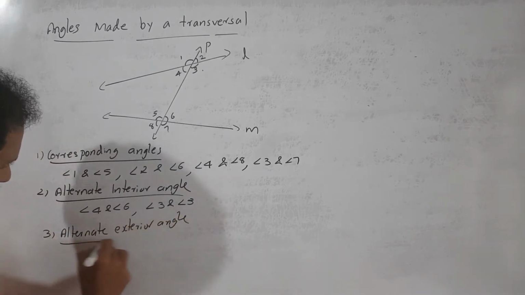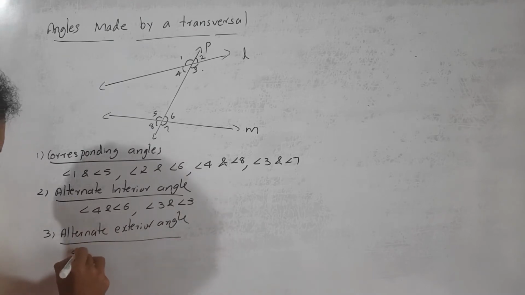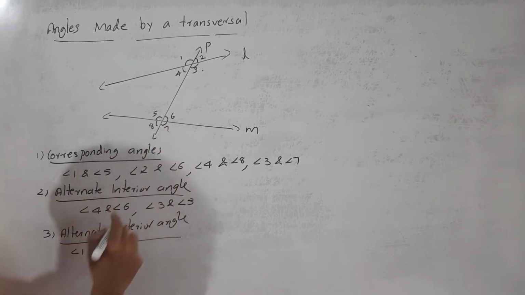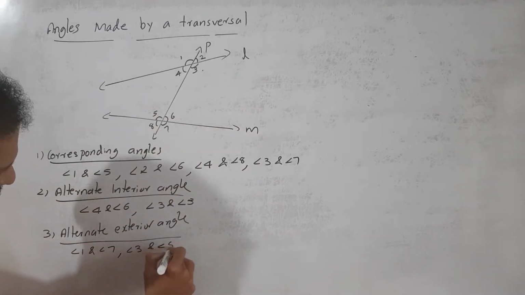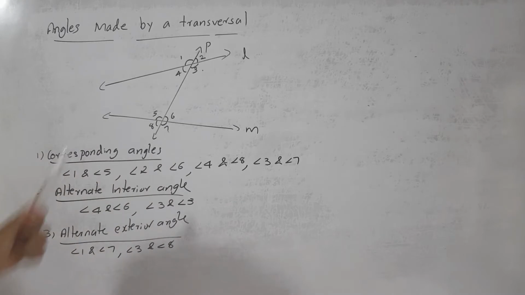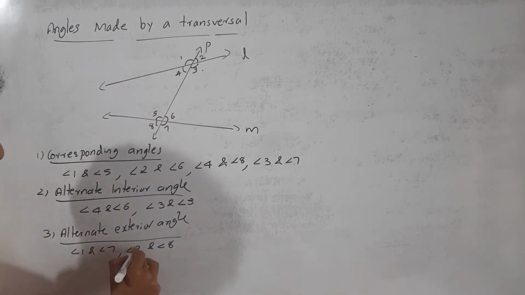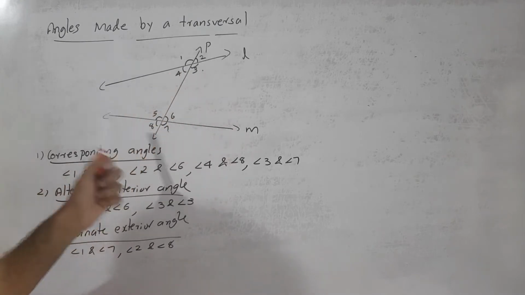What are alternate exterior angles? Angle 1 and angle 7, angle 2 and angle 8.